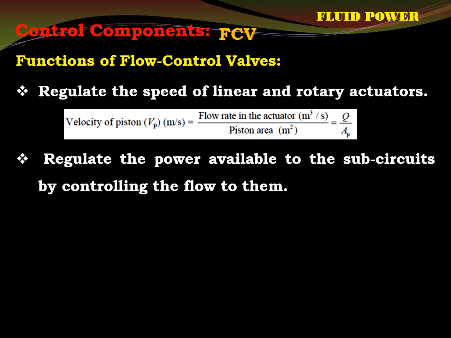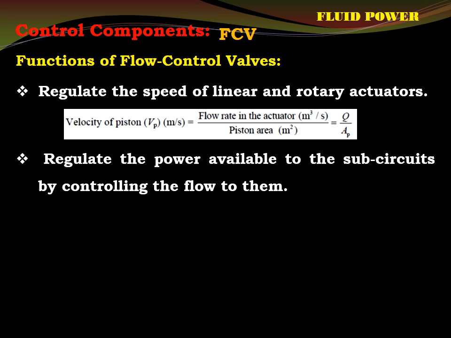That means there may be various branches of one circuit, known as sub-circuits, and the power available to those sub-circuits can be controlled by FCVs, because all the branches are connected to the same constant delivery pump. Just as we needed controlled pressure in some branches of the circuit, done by the pressure reducing valve, likewise we may need controlled speed in some part of the circuit, and that will be done by FCVs.